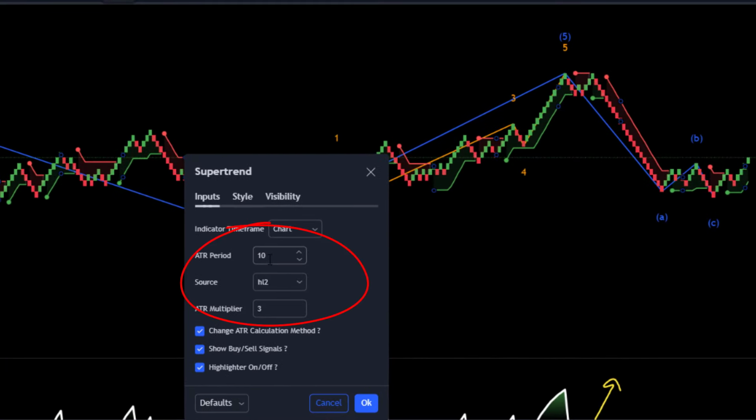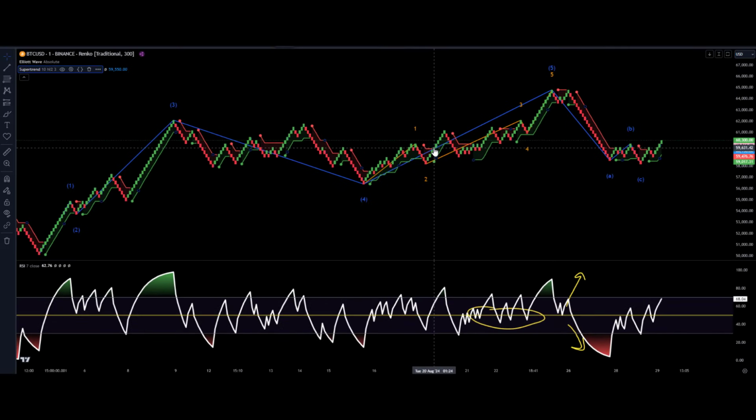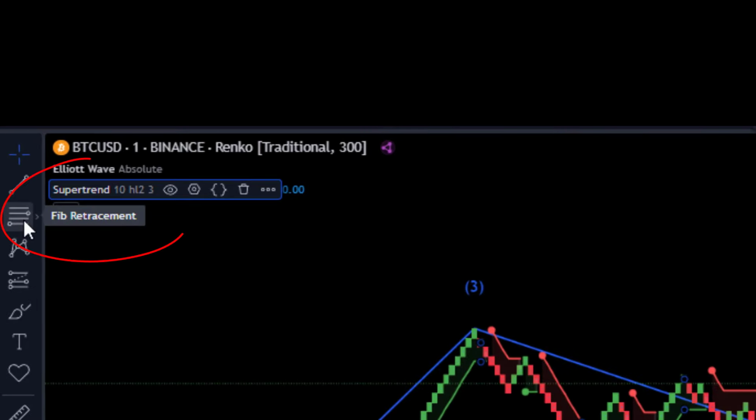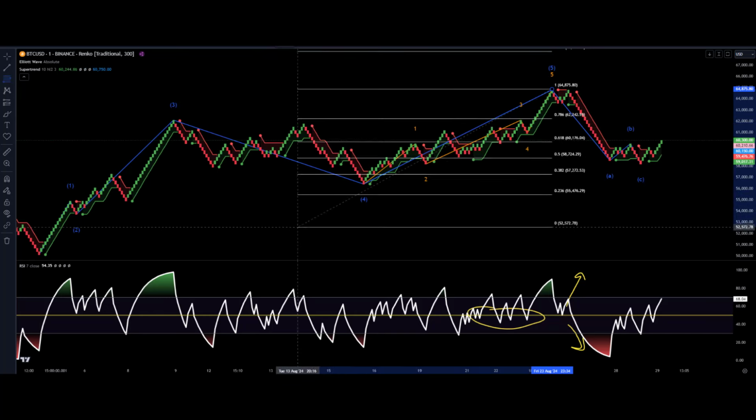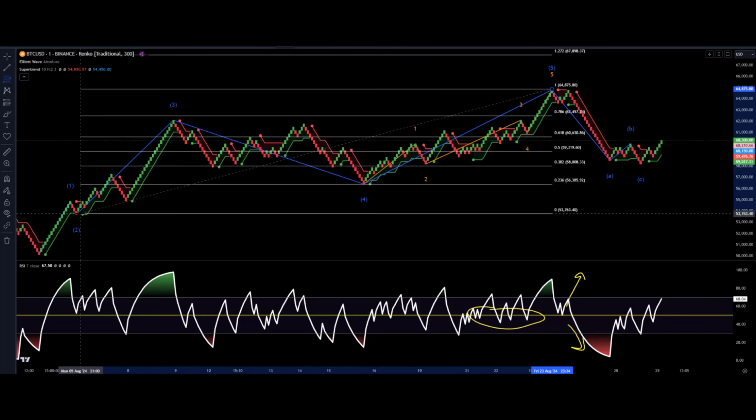And the settings, ATR 10, multiplier 3, and really that is pretty much it, other than what we'll be using for targets for profit taking or in stop losses, our Fibonacci retracement line over there on the left. We will be showing you how to draw them on shortly, but that's going to give us, like I said, these price zones that are critical and complement the Elliott Wave Theory.